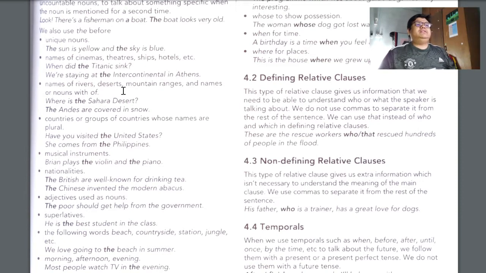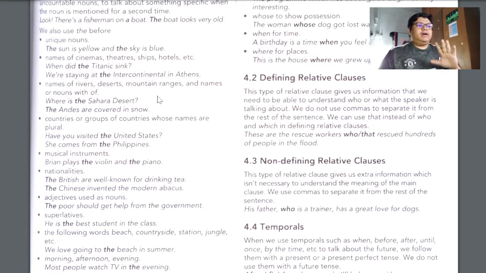Okay, the Titanic. Apa lagi? Ni contoh kat sini, when did the Titanic sink? We are staying at the Intercontinental in Athens. Okay, we are staying at the Seri Malaysia Hotel. The, kita akan pakai the.